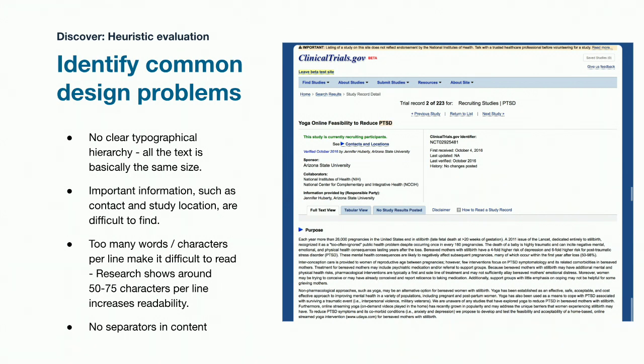But the things that I saw that were just glaringly obvious to me is that there's no typographical hierarchy. So important information like contact and study location are difficult to find in this block of text. And there were too many words and characters per line, which makes it really difficult to read.